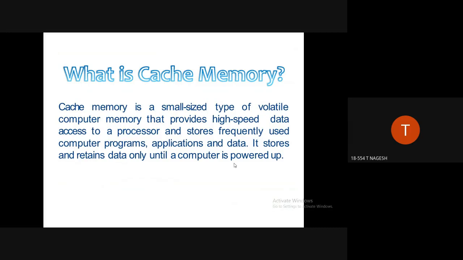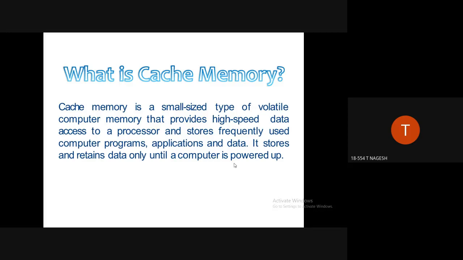So for that purpose, there is an intermediary memory called cache memory, which is smaller than the main memory. If your main memory is small, your cache memory will be much smaller still. It is small in size, but it provides high speed data access to the processor. This cache memory retains data only when the system is powered on.